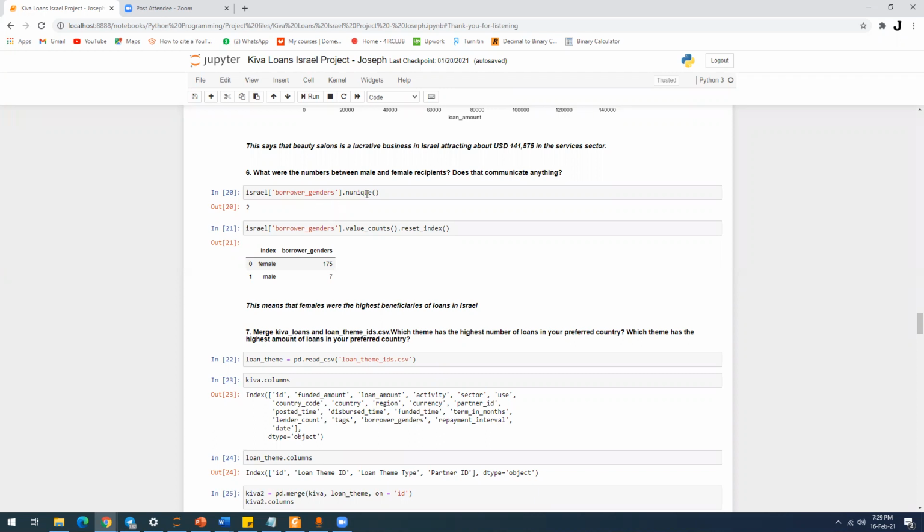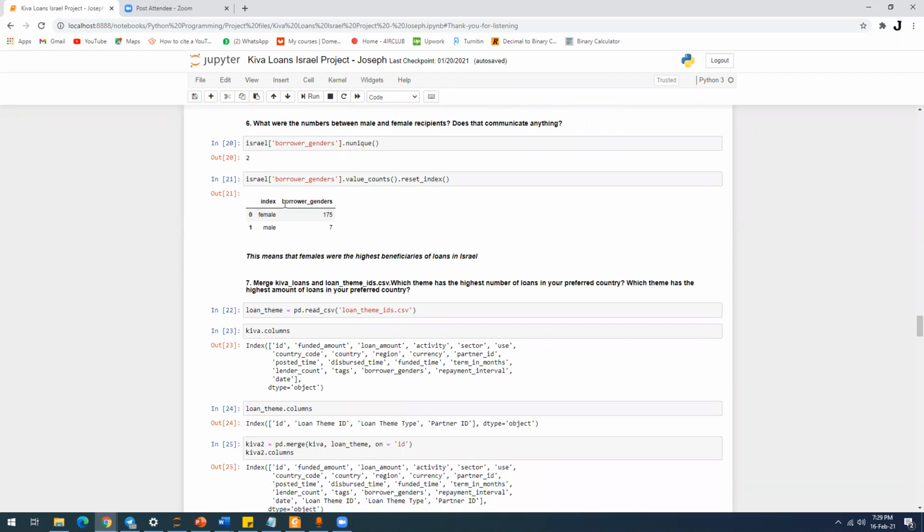I realized there are only 2, and that made my work easier. All I did was a dot count, and females 175, males, and this means that females are the highest beneficiaries of loans in Israel.